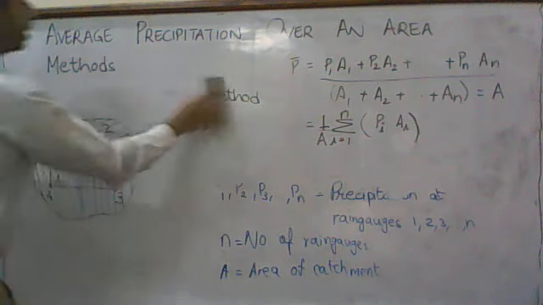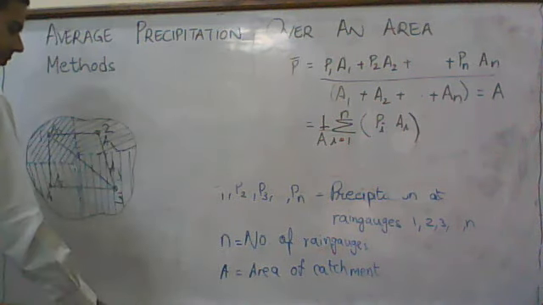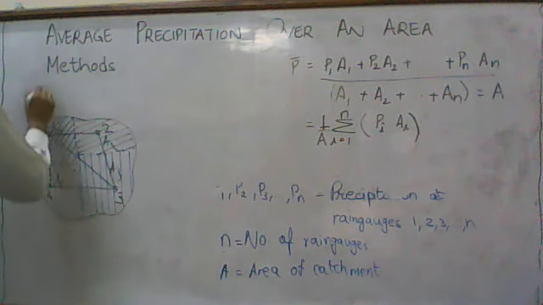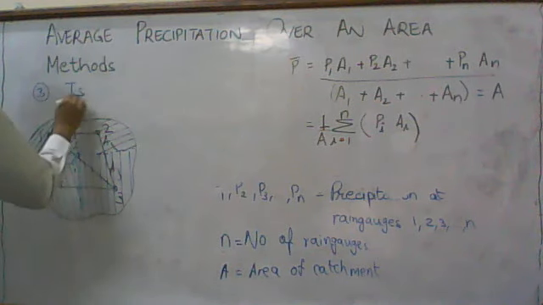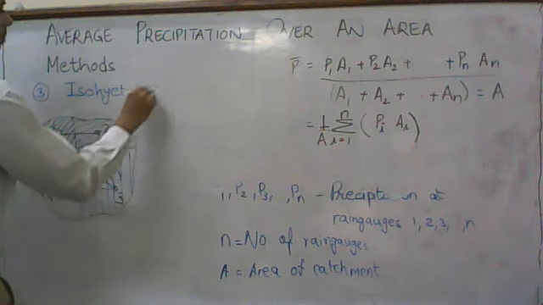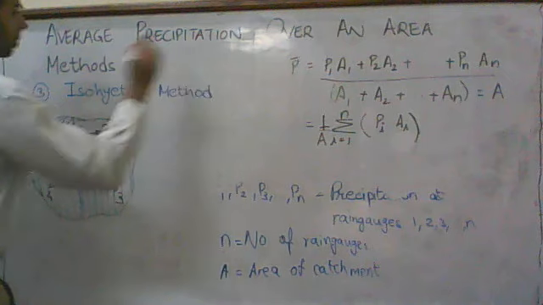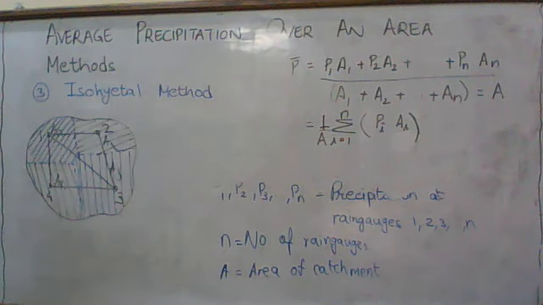Now we will be learning the third method, that is the isohyetal method. The third method for finding the average precipitation is the isohyetal method.